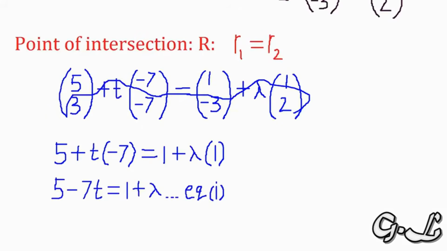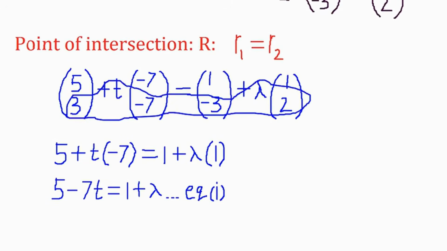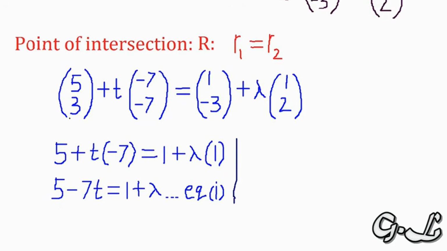And then what about equation number 2? We are also going to consider equation number 2. We are going to consider the terms which are at the bottom. That is one thing that you need to keep in mind. So we're going to consider 3, and then the plus. And then what about the t?